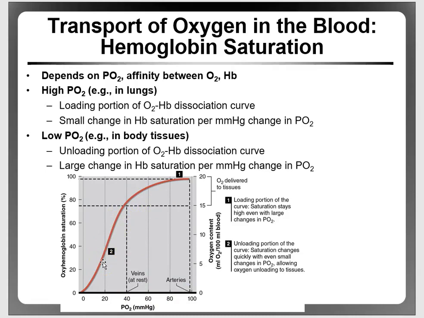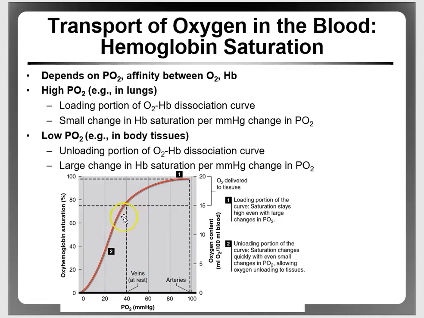That coincides with the partial pressure of oxygen values typically found in the tissues. So here we're in the lungs, here we're in the tissues. So there are relatively small changes in partial pressure of oxygen, but large changes in saturation. So this is a small change but a dramatic change in saturation.